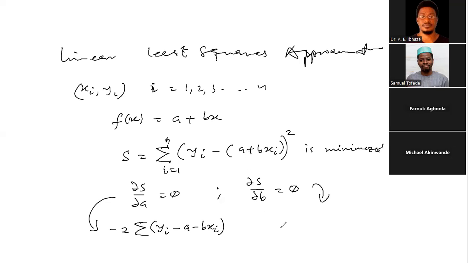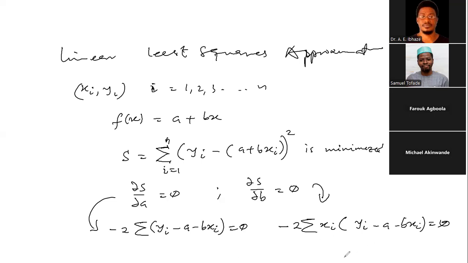So now this will give us -2 times the summation of x sub i, since we are differentiating with respect to b, not with respect to x. So x sub i is now the coefficient in this case, into the bracket y sub i minus a minus b x sub i, equal to 0. We are equating this to 0.